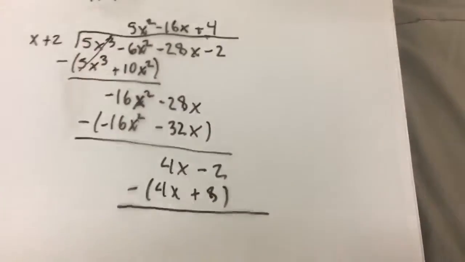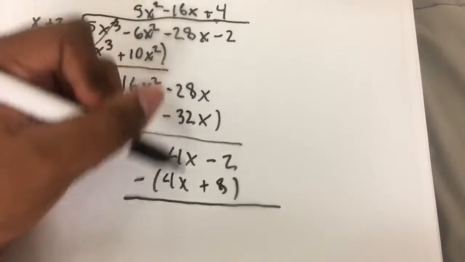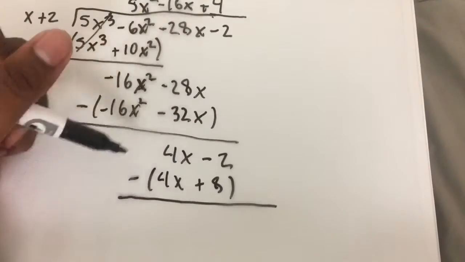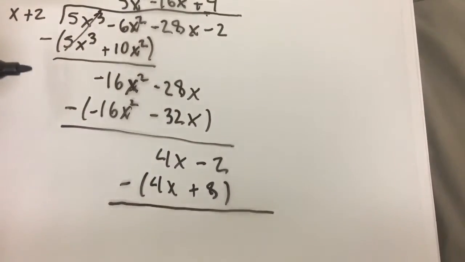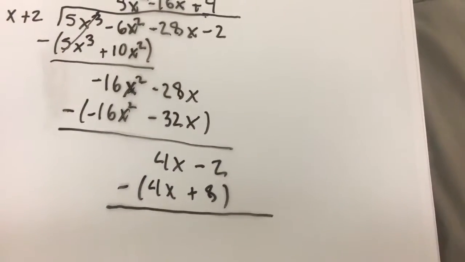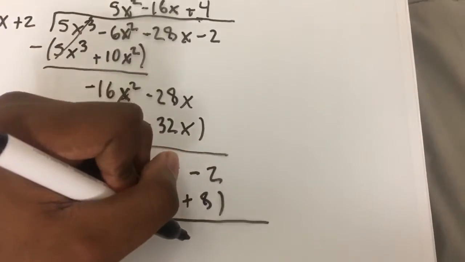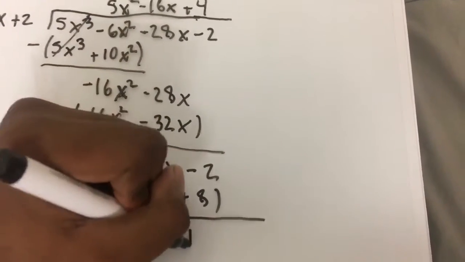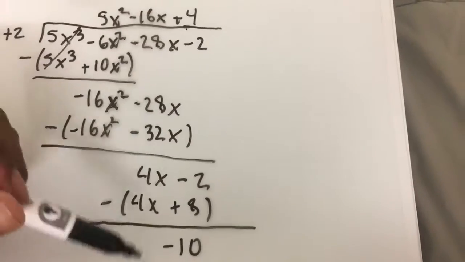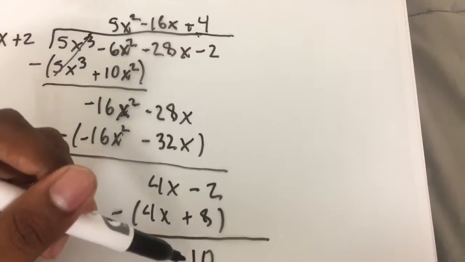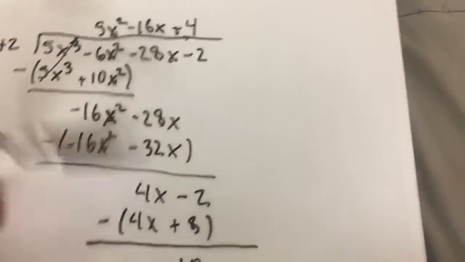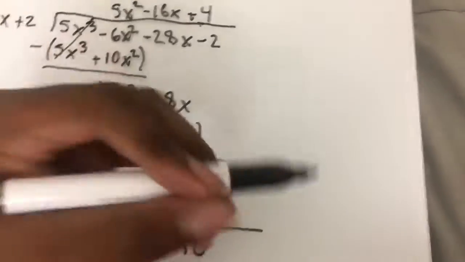Draw a line, and these are going to cancel out. This turns into a negative, so negative 8 plus a negative 2, or minus negative 2, is going to be a negative 10. And since this is the lowest power, lower than our power right here, x, the remainder is going to be negative 10.